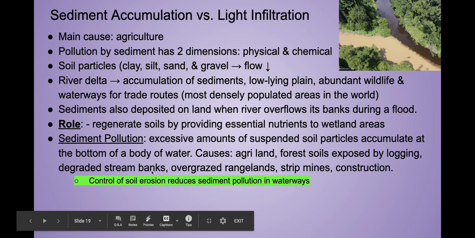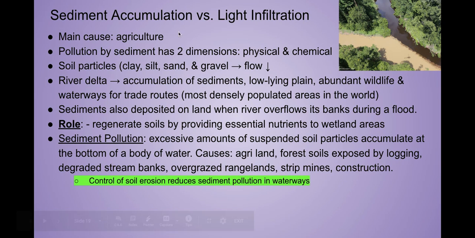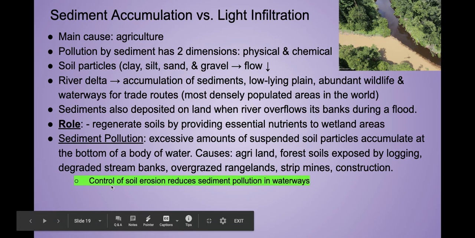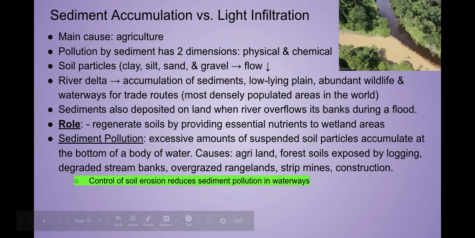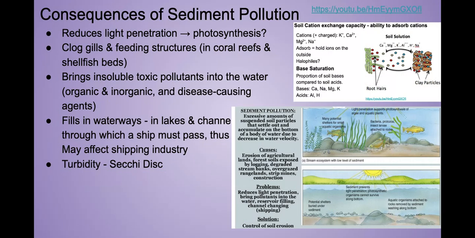Now, one way to prevent sediment accumulation that is not natural is the control of soil erosion. That is highlighted here because it is important to know that if I control soil erosion, I would reduce the amount of sediment that gets into the waterways and clogs places or drainage systems as well.